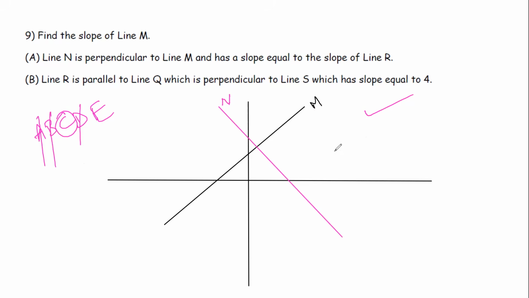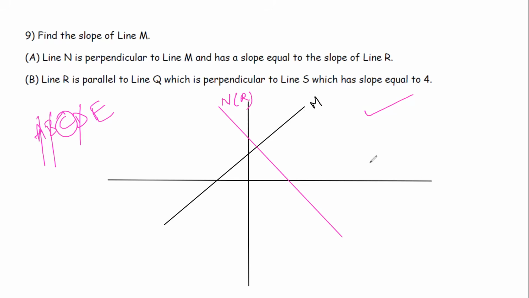So we know that line N is perpendicular to line M and has a slope equal to the slope of line R. So the slope of N is also the slope of R, right? So as of now, we know that M has a positive slope and N has a negative slope, whatever the case may be. So the slope of N is equal to the slope of line R.